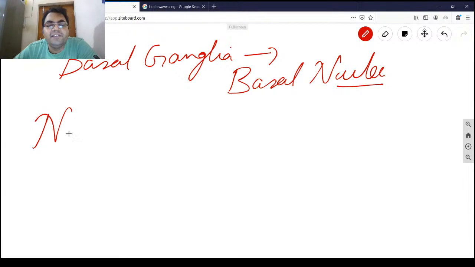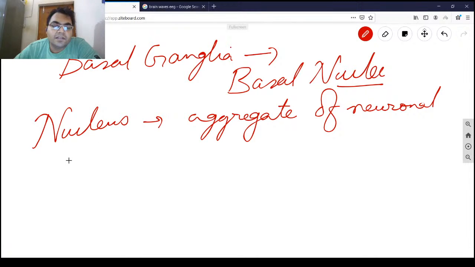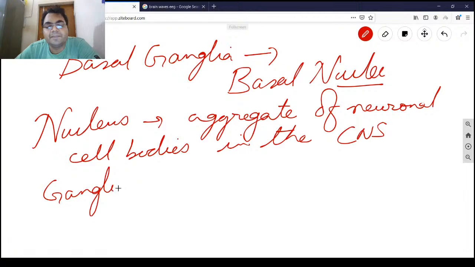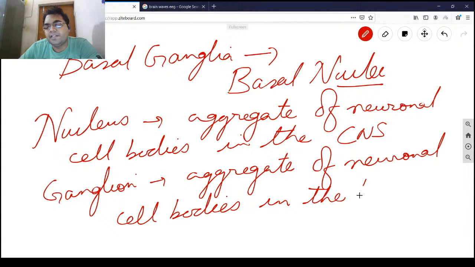By definition, a nucleus is an aggregate of neuronal cell bodies in the CNS, whereas a ganglion is an aggregate of neuronal cell bodies in the peripheral nervous system.